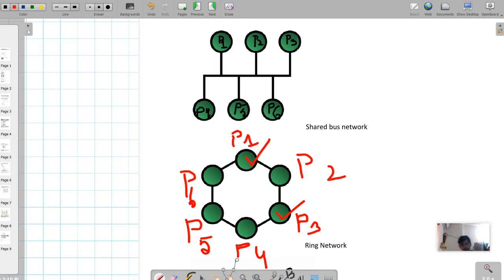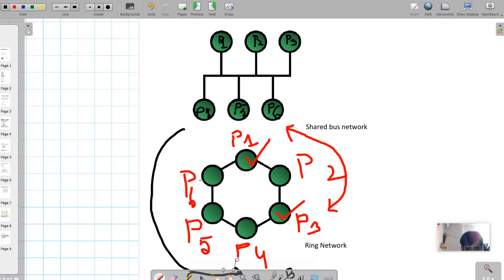So if you carefully look into the diagram, processor P1 cannot directly communicate with processor P3. Either they have to follow this route via P2, or they have to follow this route via P6, P5, P4. So for the time being, let us assume that they are following this P2 route. So this channel is free.